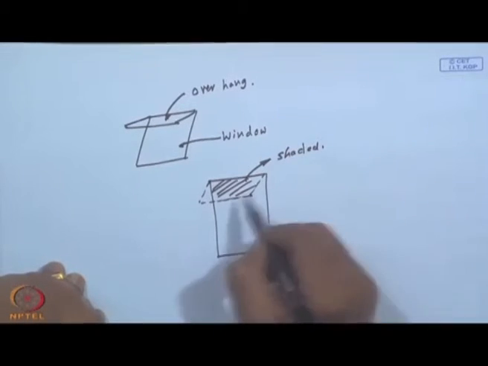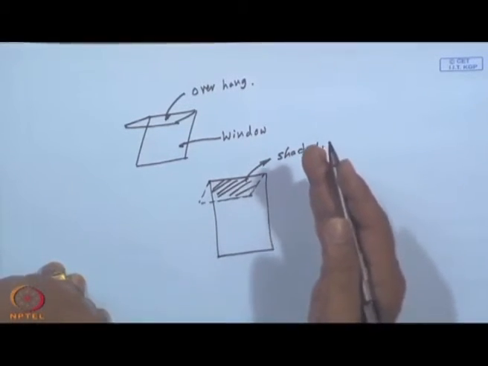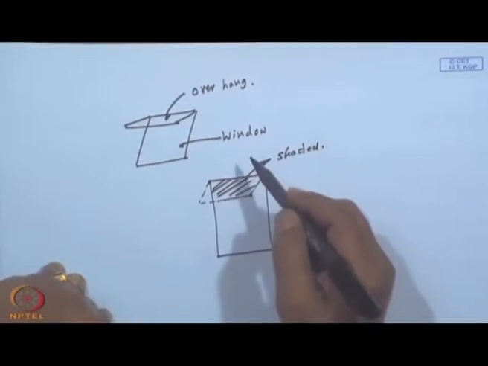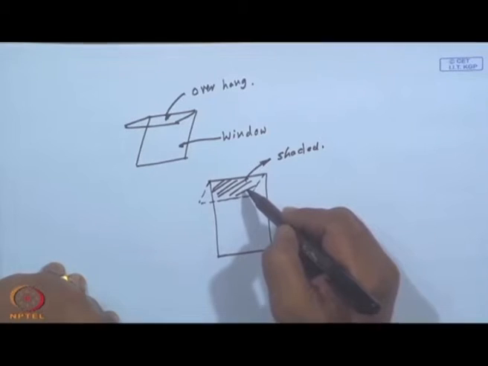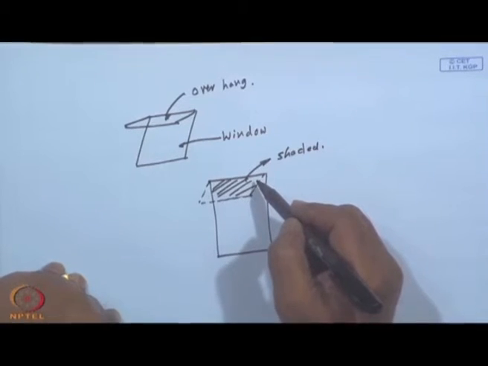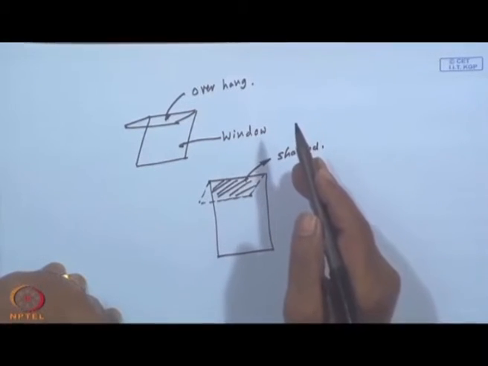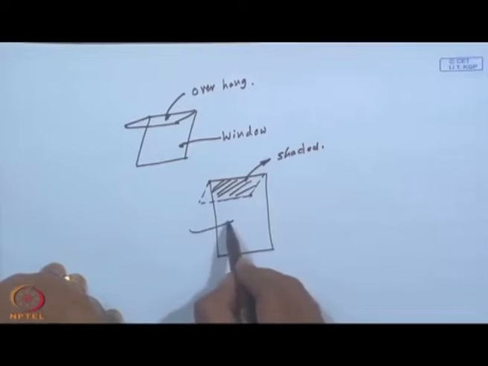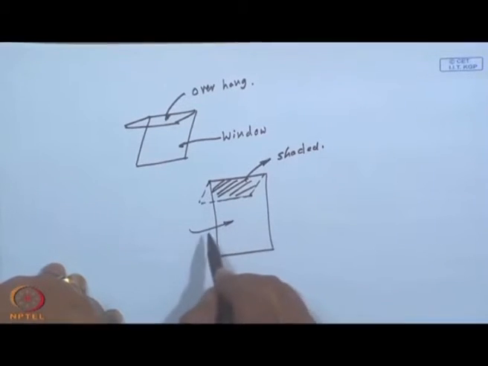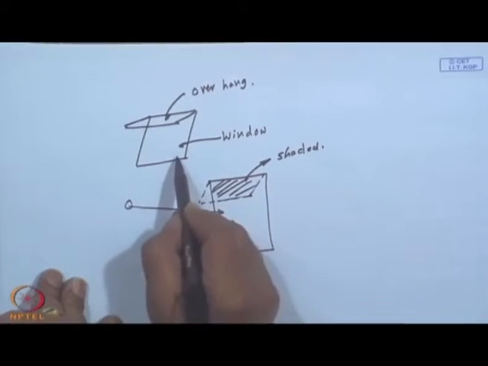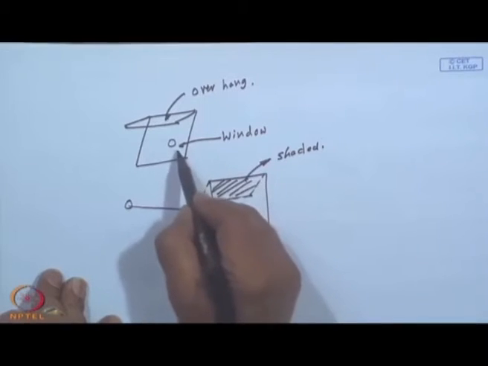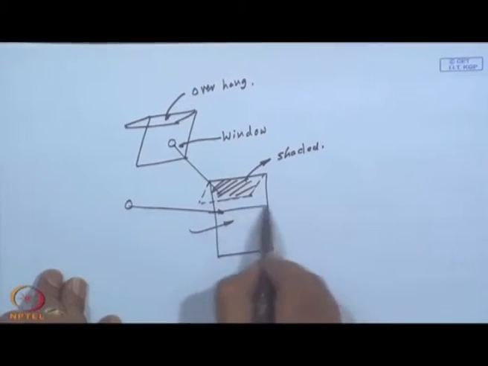So, what this will provide is, I think commonly we may be having an idea that this is to prevent rain entering through the window. That could be true, but this has got a very functional role. In winter, the sun is pretty low in the northern hemisphere, so it will allow the sun's rays, which are at a pretty low level, through the window, and in summer the sun is pretty high up and it will cast a big shadow over here.